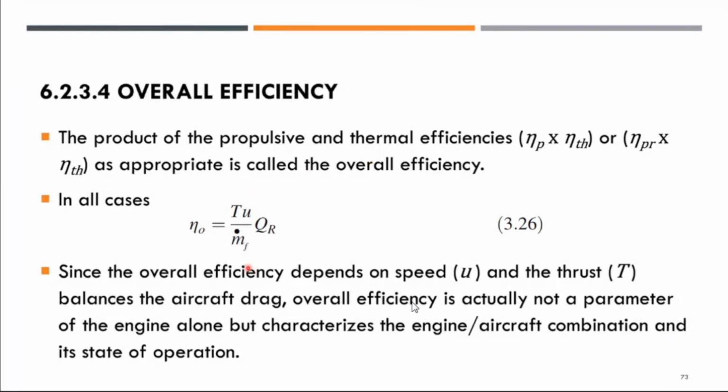Since the overall efficiency depends on the velocity and the thrust T, which balances the aircraft drag, overall efficiency is actually not a parameter of the engine alone, but characterizes the engine or aircraft combination and its state of operation.